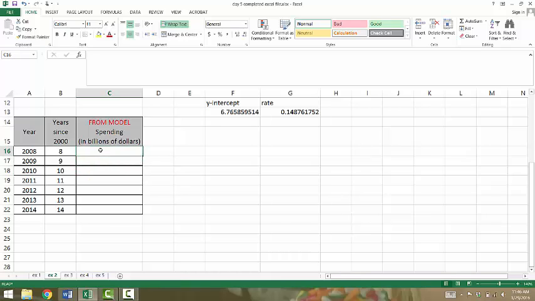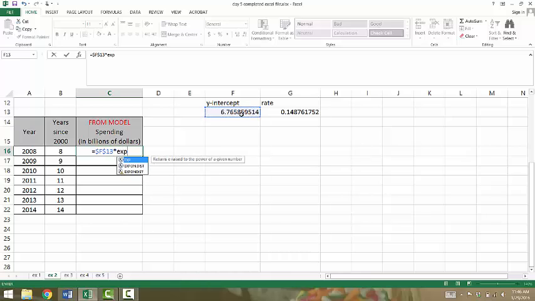So this cell will equal the y-intercept, so that's cell F13 for me, but I want to hold that constant, so I hit F4, times e raised to the rate, so that's this cell, I'll hold it constant, times the x value.